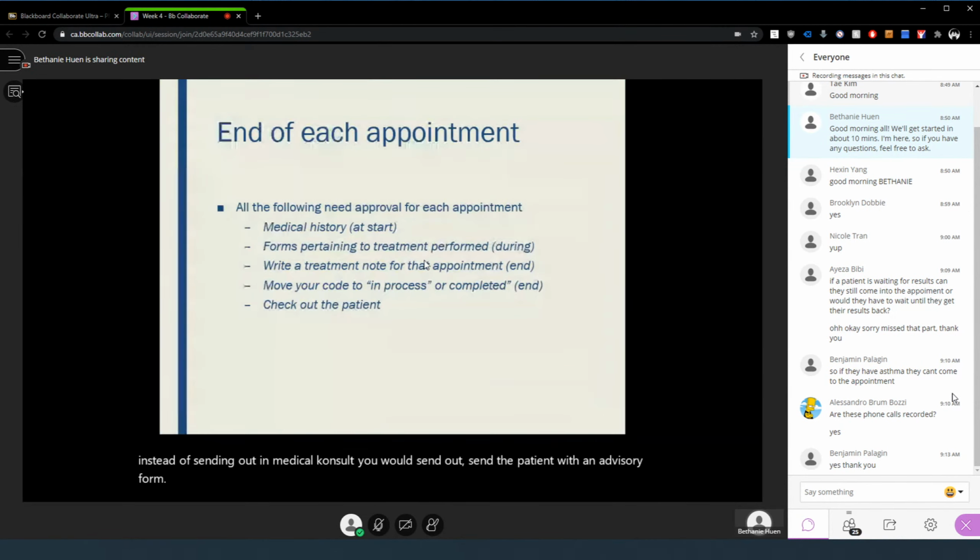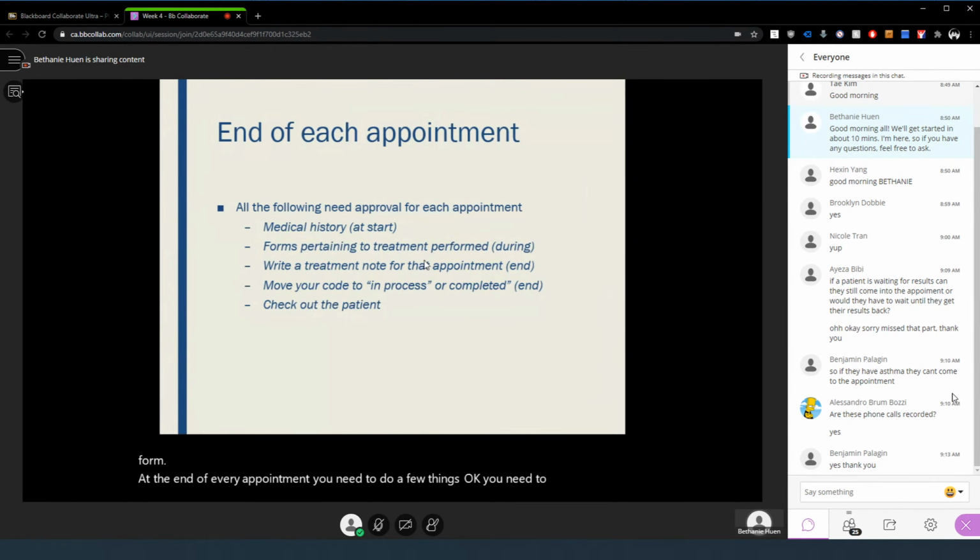At the end of every appointment, you need to do a few things. You need to have all your forms approved. If this is the first appointment, obviously you would have had that medical history approved at the start. Any forms during the treatment that need approval, you need to write a note, a treatment note, which we'll go over in a minute.